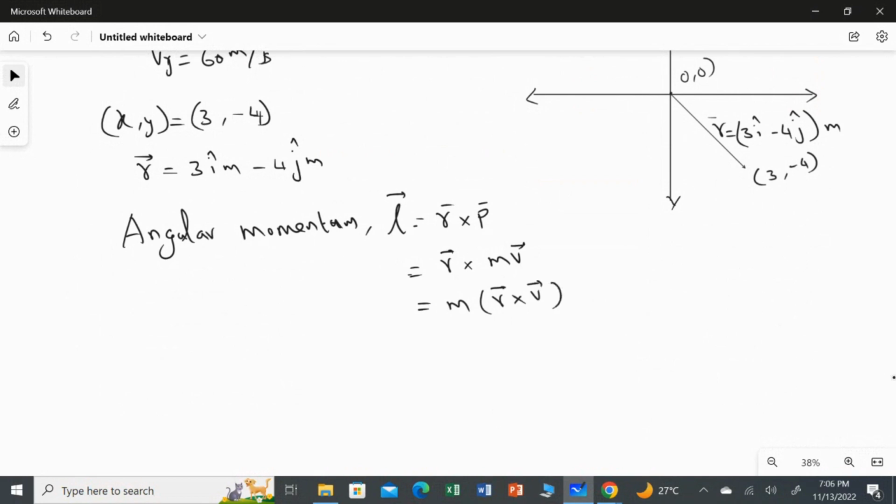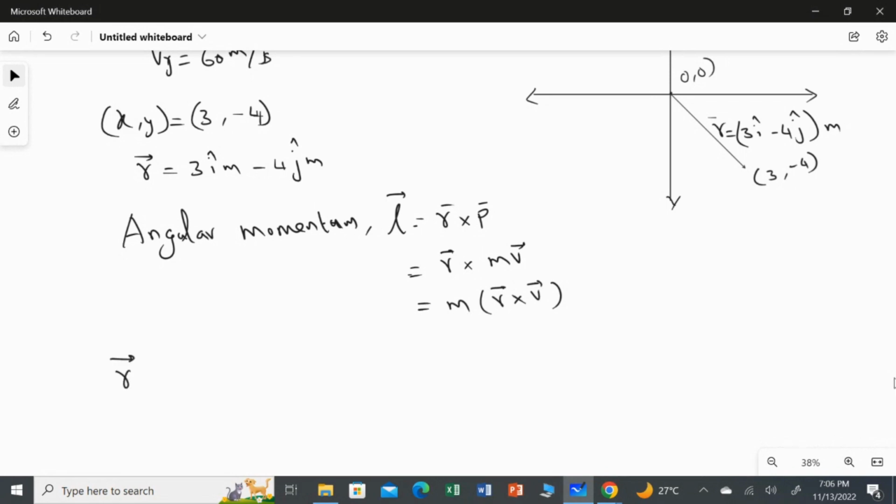So now, to find the angular momentum for the first part, first of all, I'm going to find the cross product r cross v. And after I find the answer for this r cross v, I'm going to multiply with the mass, because mass is a scalar, right? In chapter 3, we studied the method of ijk, right? So here, what are the equations we have for r and v?